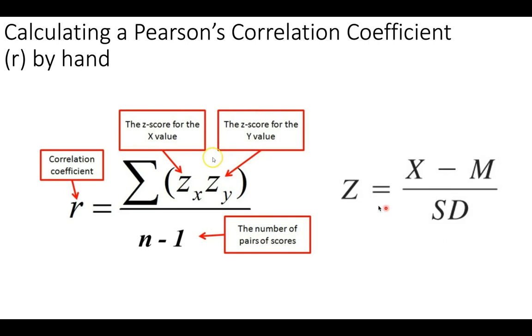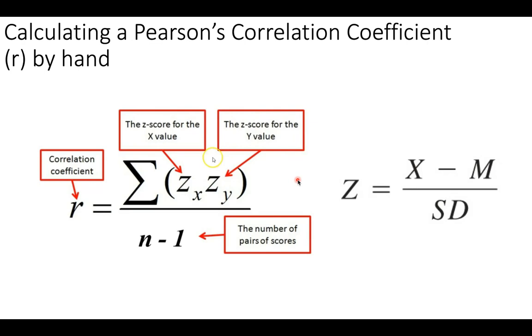So our numerator is distance from the mean divided by the amount of variability we can expect in that variable, standard deviation. So a Z-score tells us in what direction a score is moving relative to its mean, and how extreme a score is relative to its mean. And so if we have a single individual and we have their Z-score for variable X and their Z-score for variable Y, then we can assess the relationship between those 2 variables.